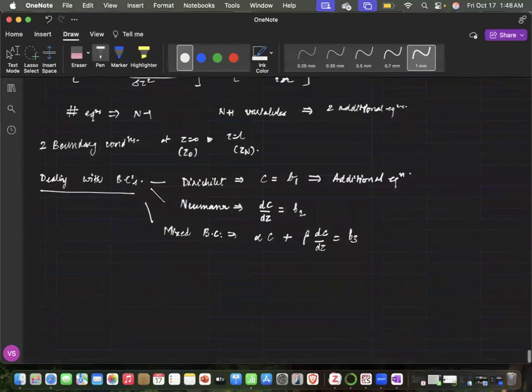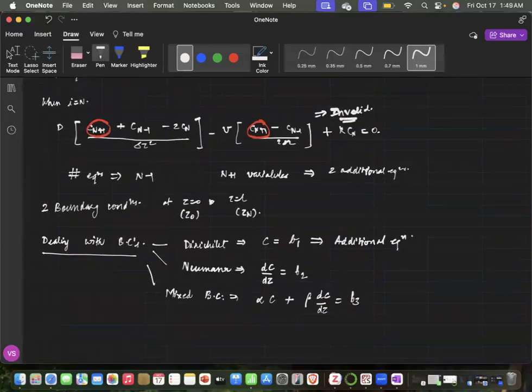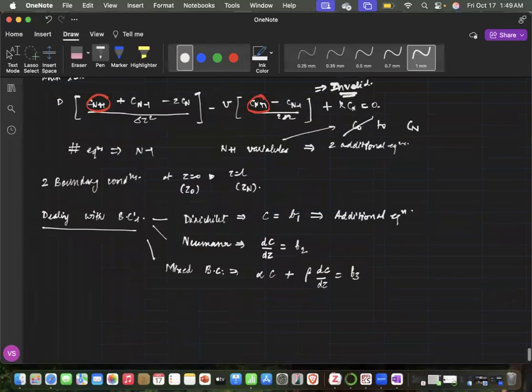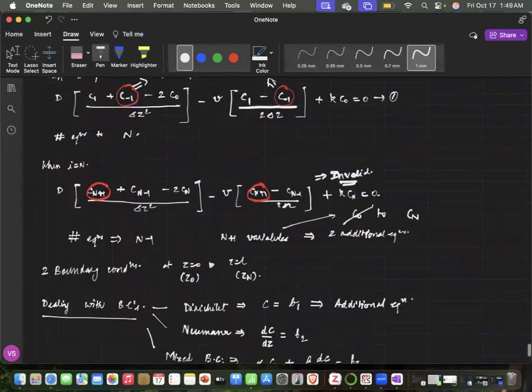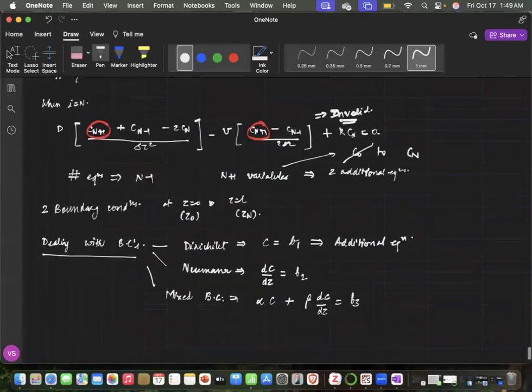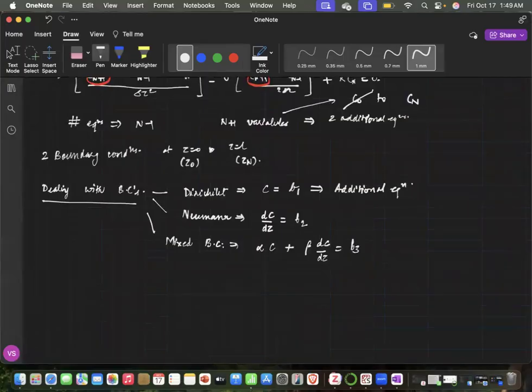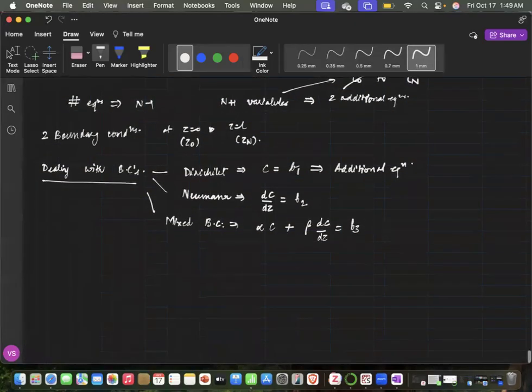For example, over here, our n+1 variables include the variables from C0 to Cn. One of the variables gets cancelled out because that value is already known. This reflects in the equation at i equals 1. When we solve this problem, I'll show you how this reflects in the i equals 1 equation. But dealing with the Dirichlet boundary condition is not a very big problem.